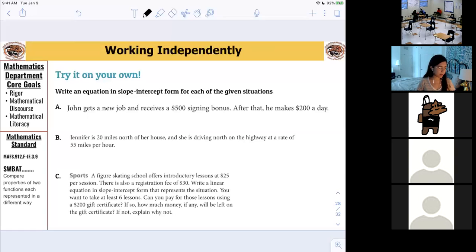So remember, we're identifying the slope, we're identifying the y-intercept, and then you write an equation from those two numbers.